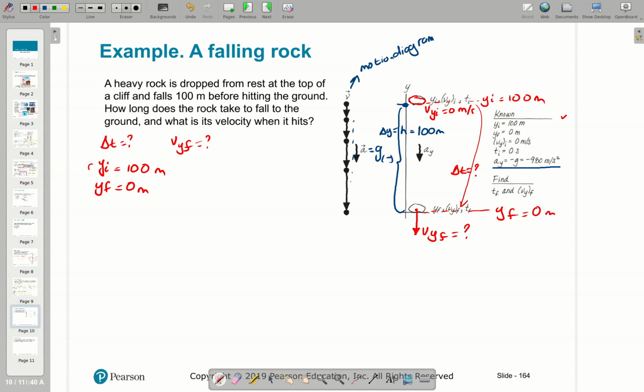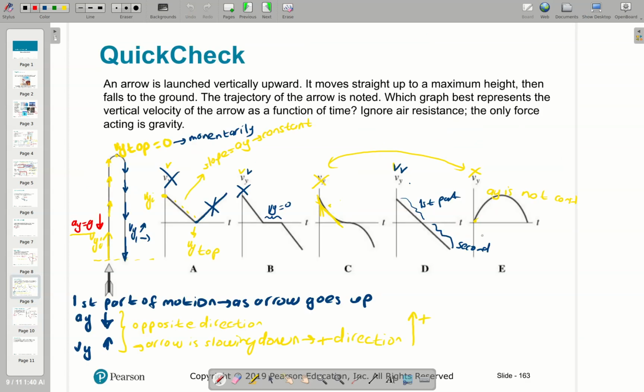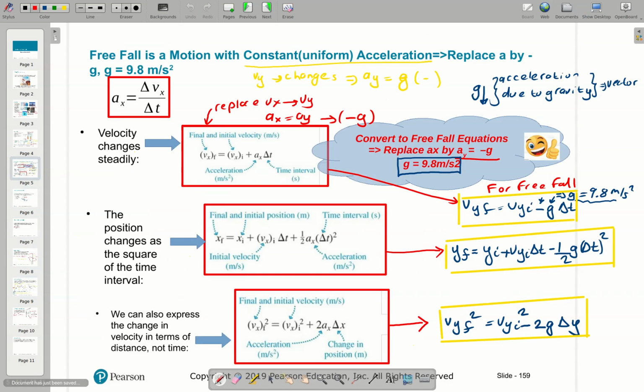I know g. Its magnitude is 9.8 meters per second squared, and it's negative. Which equation can I use? Here is how I converted my equations to free fall. Simply replace x's by y's and a by minus g.